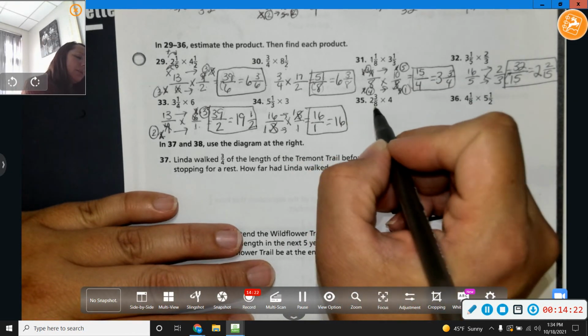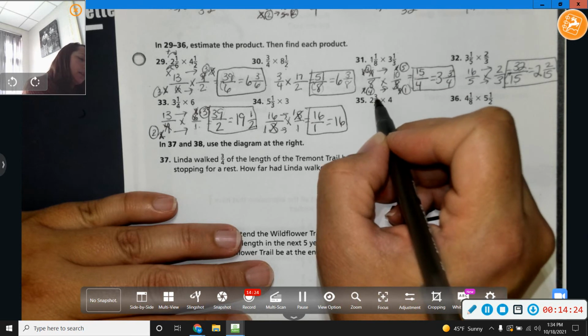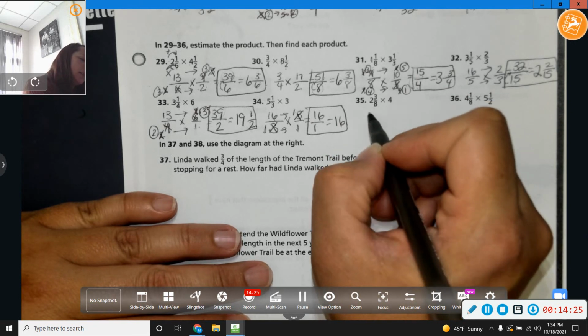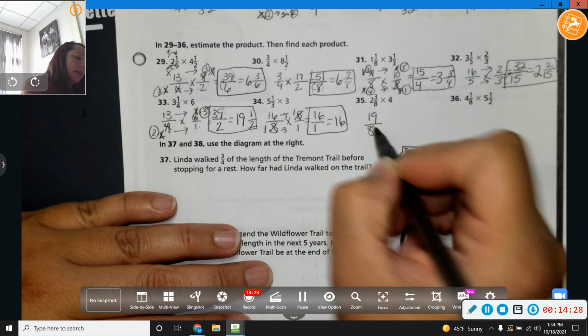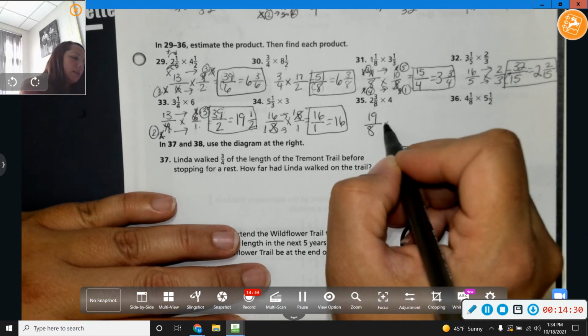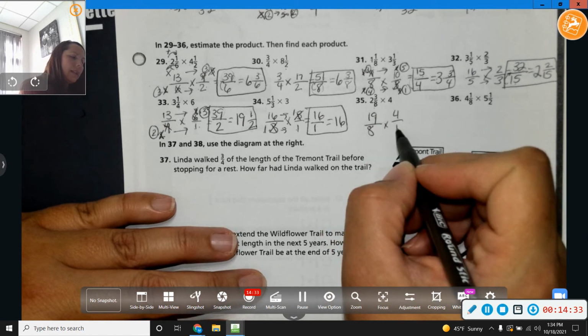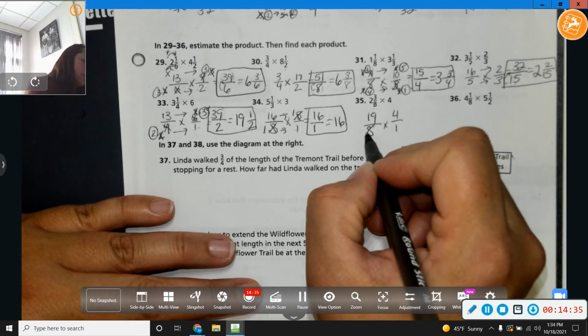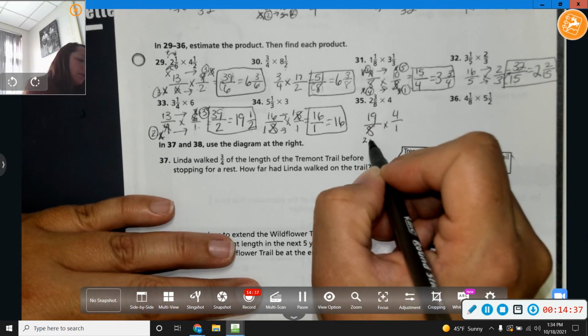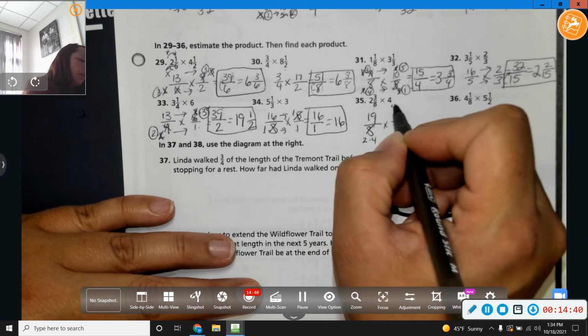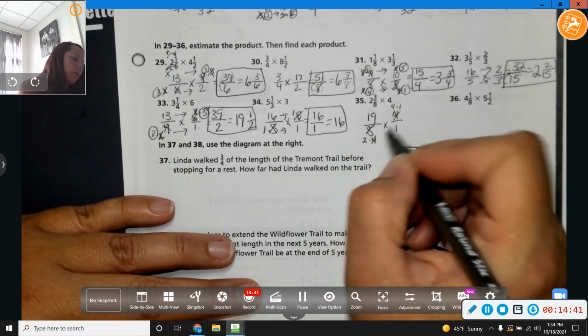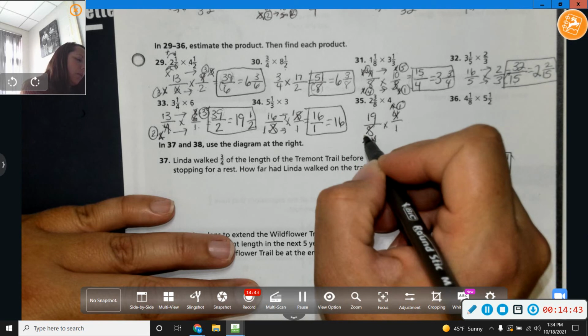8 times 2 is 16, plus 3, 17, 18, 19. Over my denominator is 8 times 4 over 1. 19 and 1 do not reduce, but 4 and 8 do. So I have 2 and 4, 4 and 1, and get rid of my 4's, keep my 1 and keep my 2.